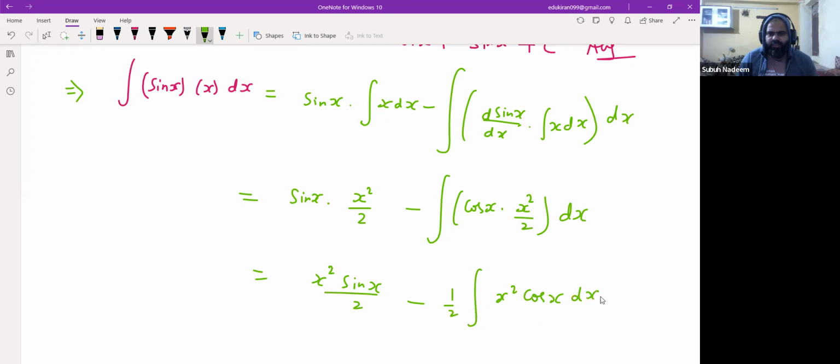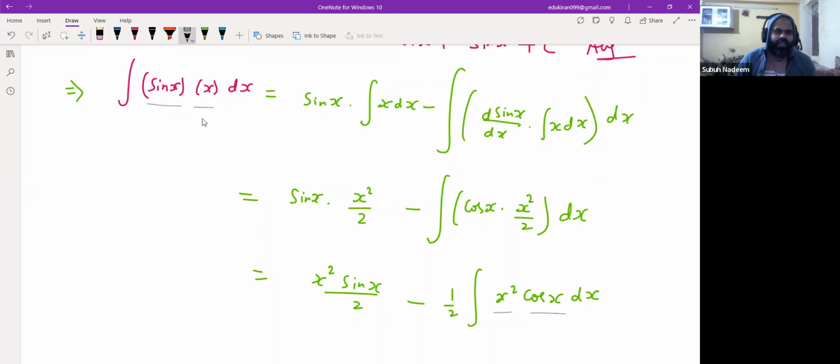Now the situation has got worse, because earlier it was trigonometric into x, now it is x square into cos x. Then you have to integrate that. So you can't keep on doing like this. This will never end. So it is important to choose the first function and the second function wisely.